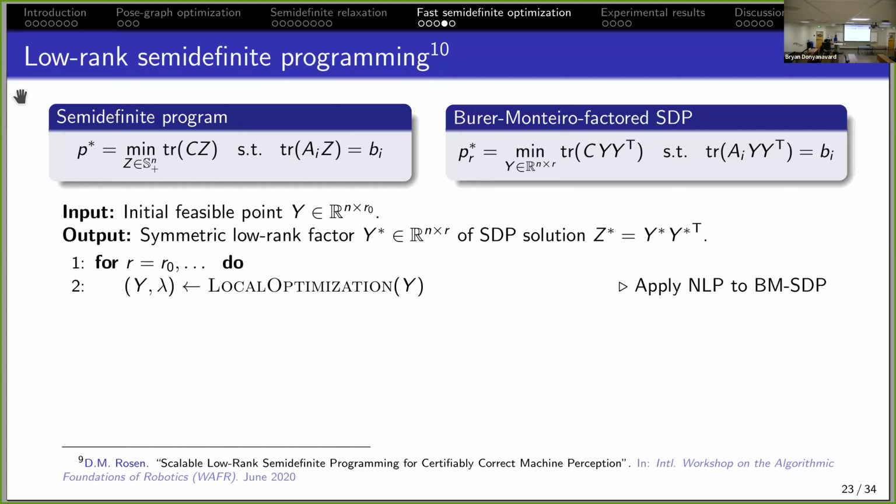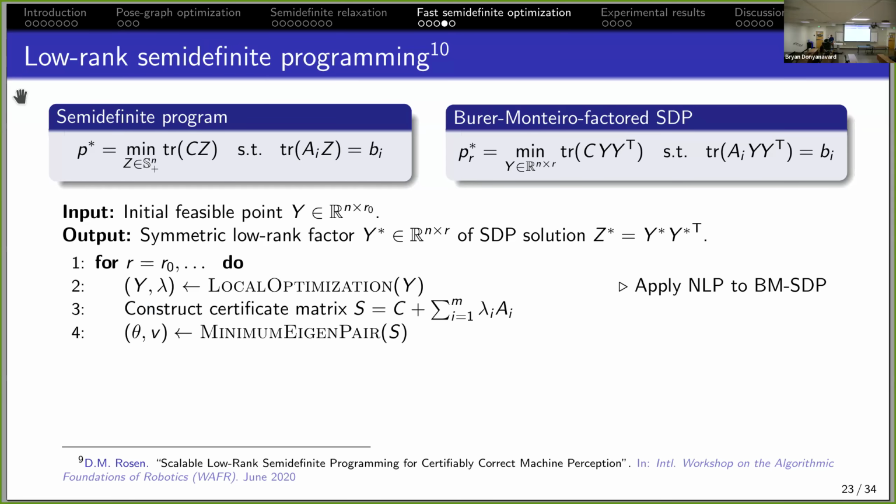Starting at that initial estimate, I apply second order, or my favorite local optimization method, to this Burer-Monteiro factored SDP, just whatever off-the-shelf optimization technique I have in hand. That's going to give me some KKT point, so I get an estimate together with a Lagrange multiplier. I construct this corresponding certificate matrix that we saw before, and then I simply compute a minimum eigenpair for that matrix, and that's just totally basic linear algebra, right? That's just stuff you've been doing since you were in freshman linear algebra, right?